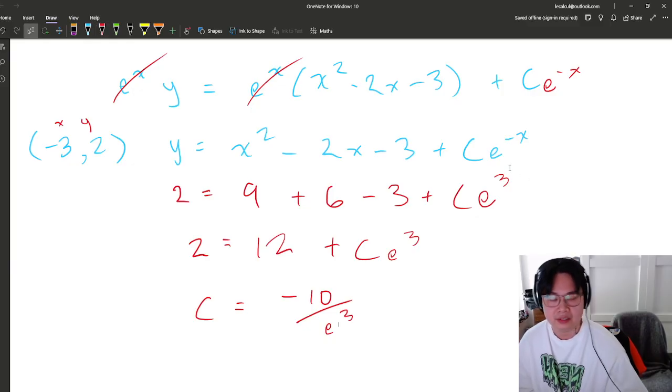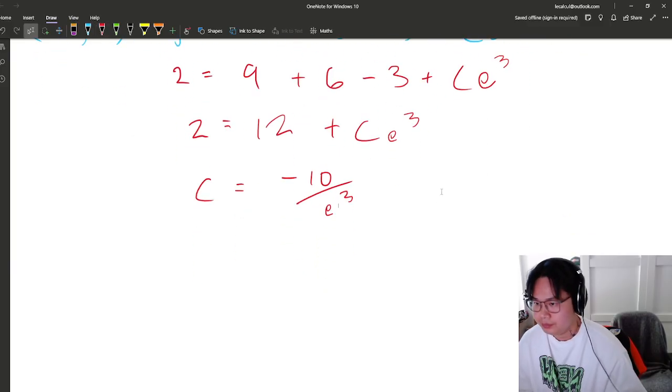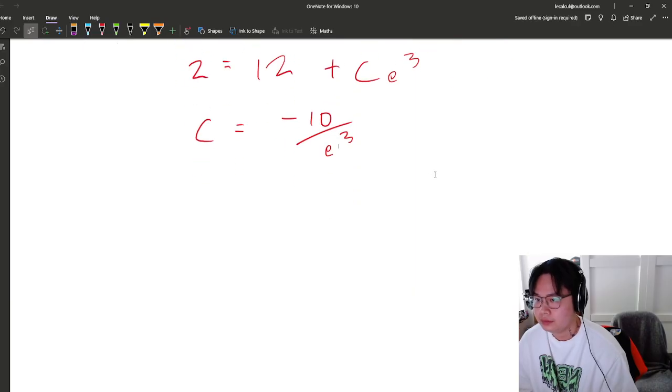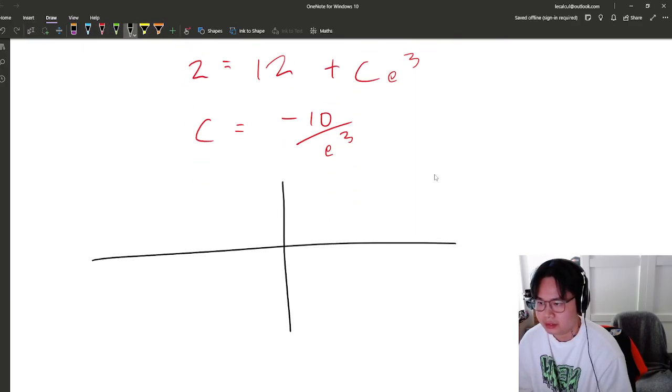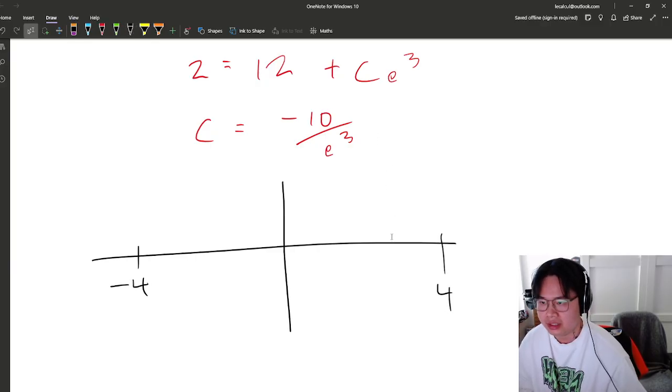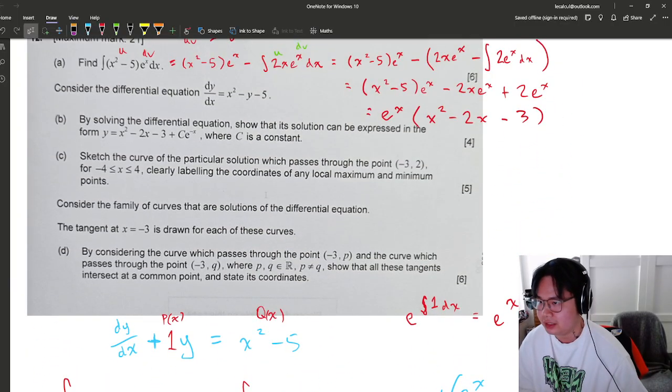So here's our c value. Then we go to your graphing display calculator. We graph from negative 4 to 4, indicating maximums and minimums, which are all functions in your graphing display calculator.